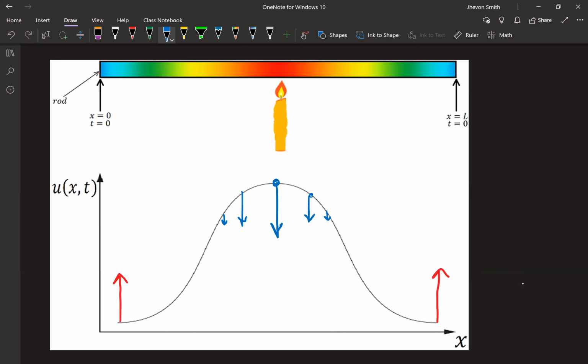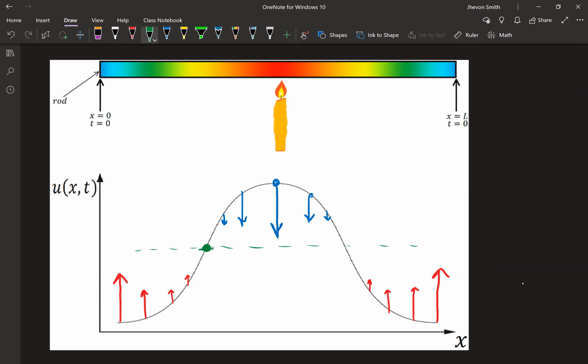Similarly, if I go over to the left side and imagine what the temperature change would look like over time, I would expect parts here to be heating up, but heating up by less and less. There will come a point, kind of like an equilibrium point in the middle, where you're just as hot to the left as you are to the right.